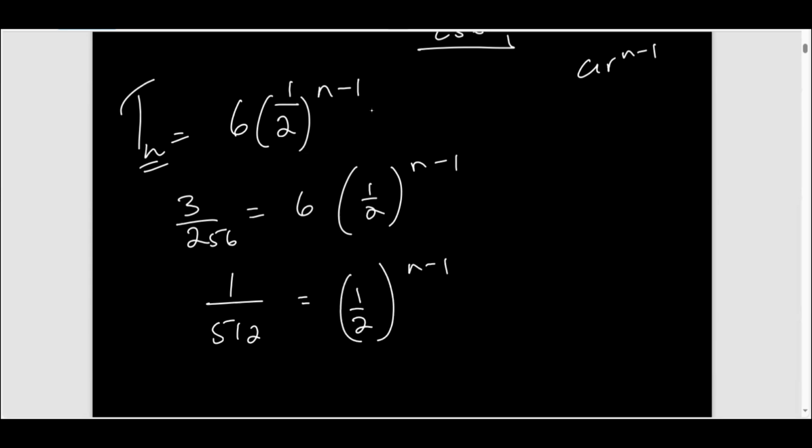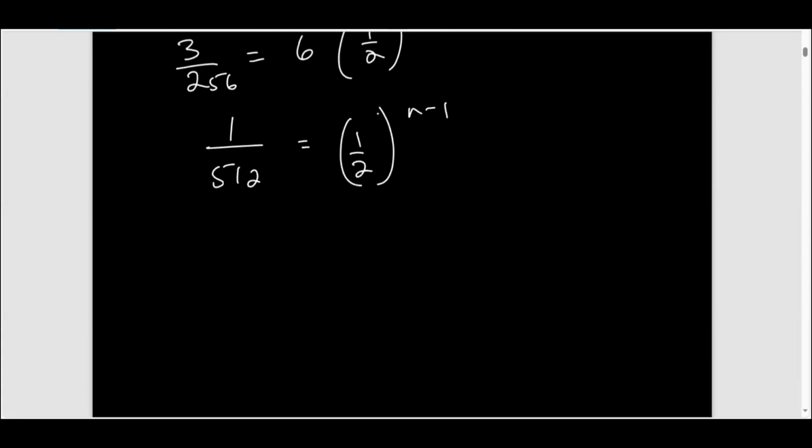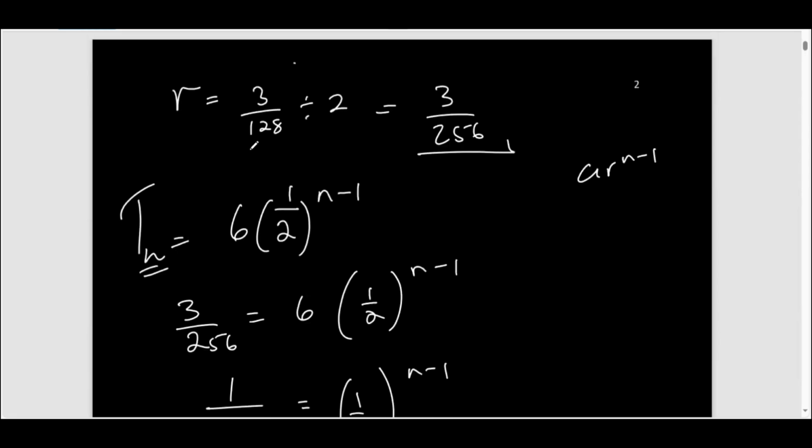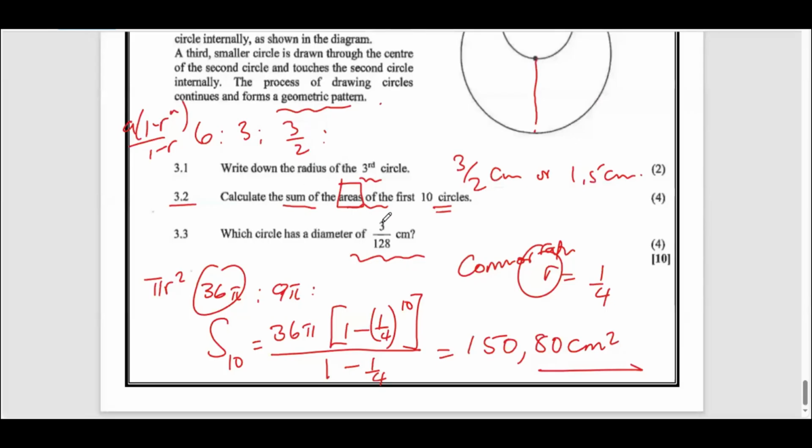And then when I express this answer of mine as an exponent, it's going to give me a half to the exponent of 9 is equal to a half to the exponent of n minus 1. Eliminate the bases so that 9 is equal to n minus 1, which means n is going to be 10. So the 10th circle will have a diameter of 3 over 128.